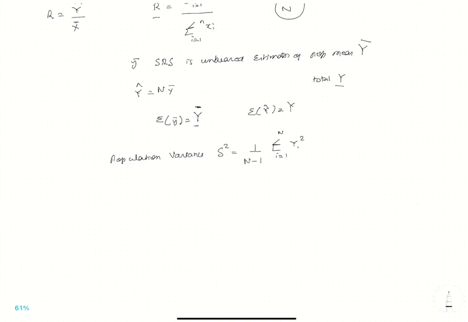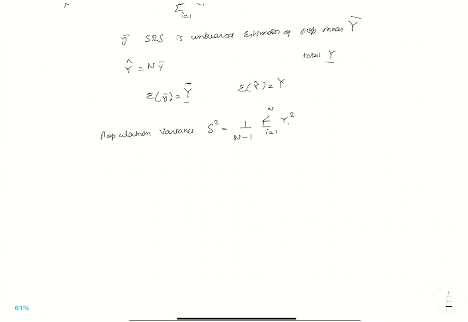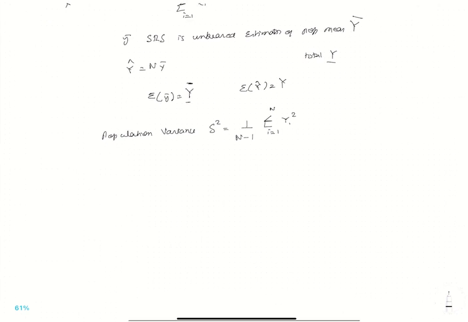That is the population variance. This is how you calculate population variance. But what we want to calculate is the variance of yi. This is just a population variance. It should really be yi minus Y bar, something like that, but let's just say that this is the population variance.